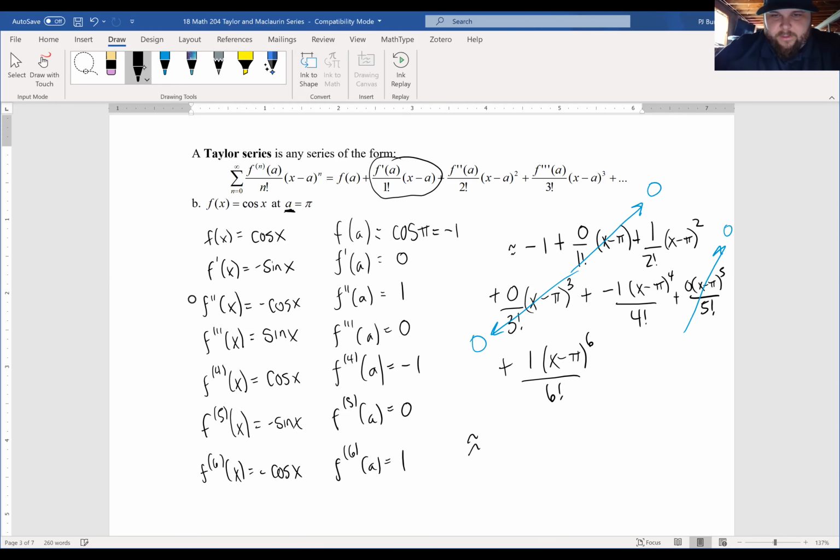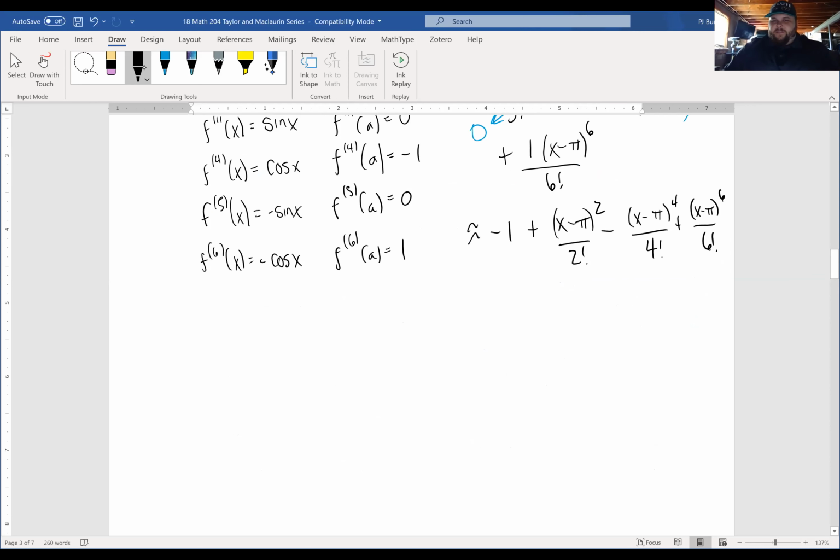So I'm left with -1 plus (x - pi)^2 over 2 factorial, minus (x - pi)^4 over 4 factorial, and plus (x - pi)^6 over 6 factorial.